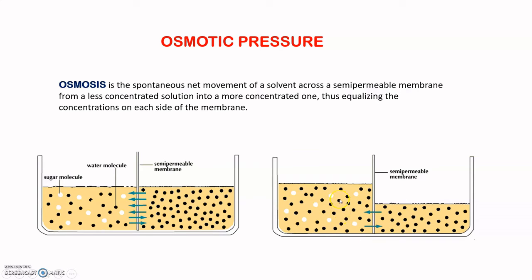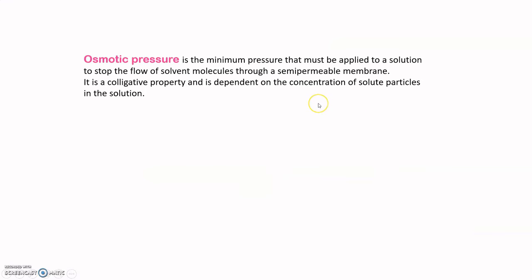This is how an equilibrium is attained. So this pressure which prevents osmosis is called osmotic pressure. Osmotic pressure can be defined as the minimum pressure that must be applied to the solution side to stop the flow of solvent molecules through a semi-permeable membrane.